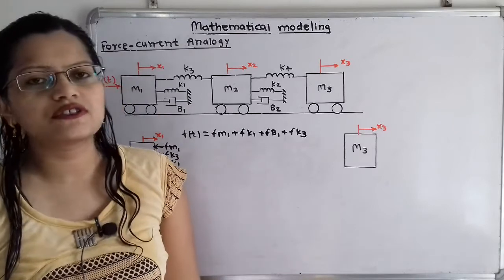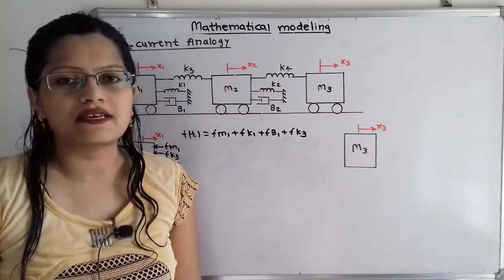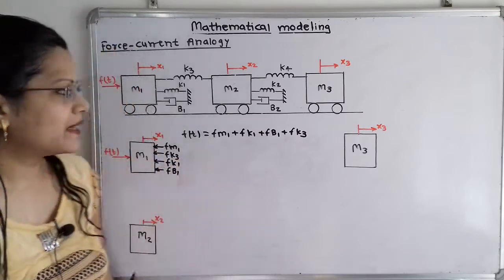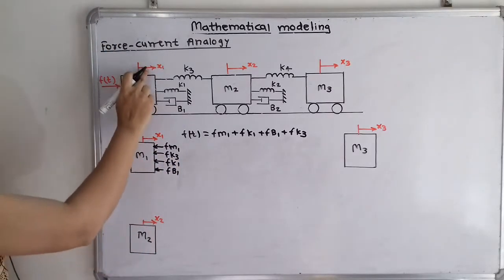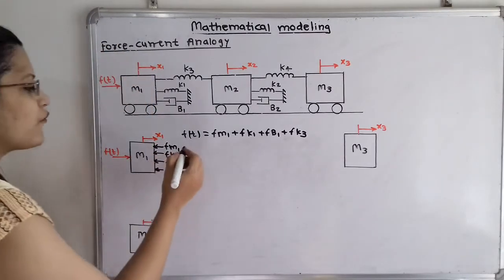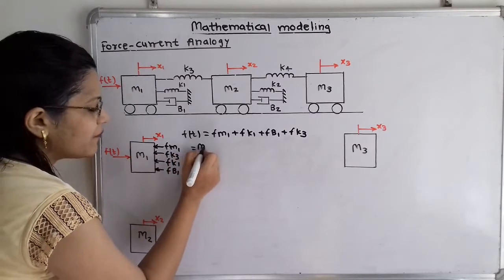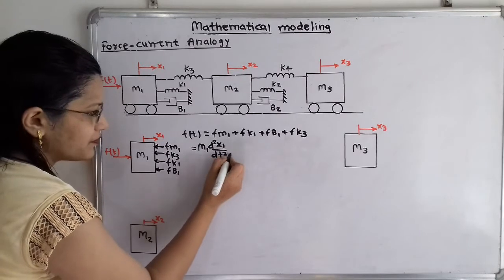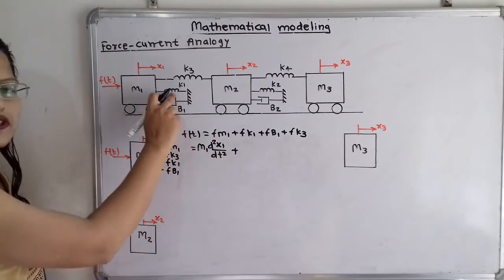What is the inertia force due to mass? We know that it is m d square x by dt square. But here mass m1 is there with displacement x1. So how can we write here? That is m1 d square x1 by dt square plus the spring force k1.